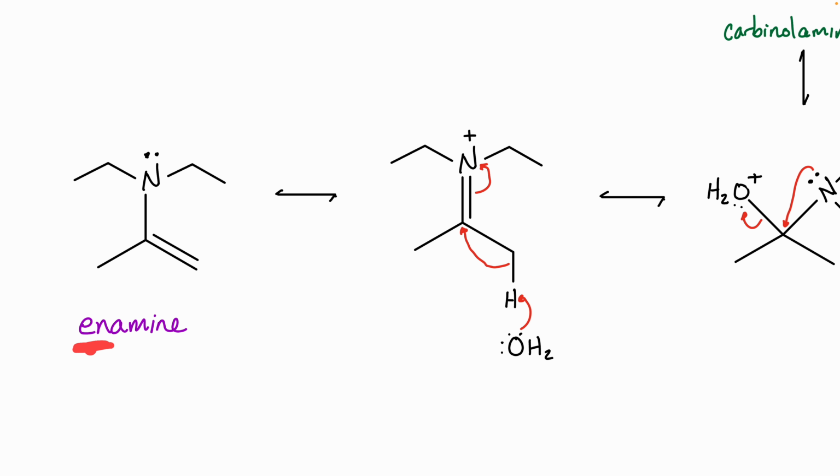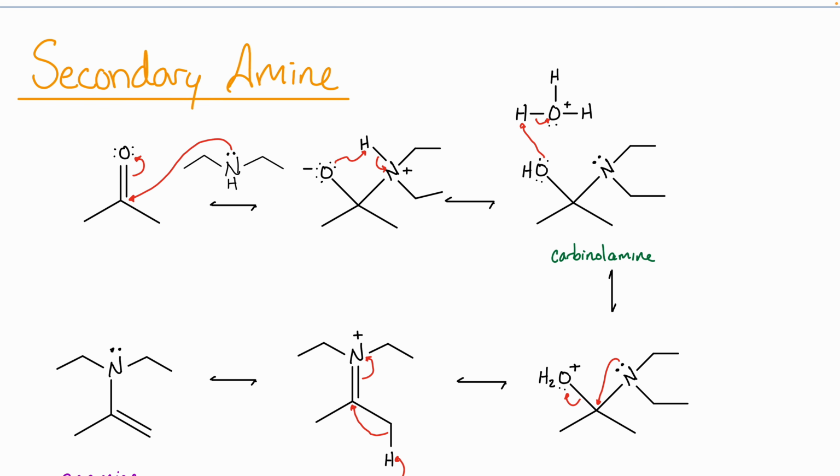Ene, why is it an enamine? The ene because of the carbon-carbon double bond, the amine because of the amine group. So our secondary amines, they don't form the imines, they form enamines.